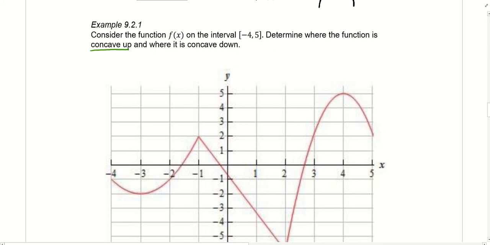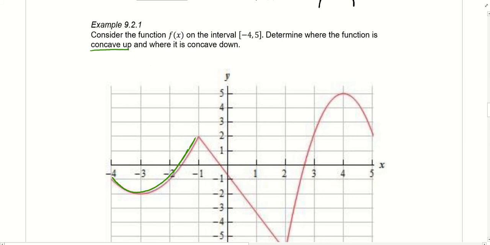For concave up, again, a couple ways to think about this. You can think about it in terms of the tangent lines, or you can think of it in terms of that cup versus frown. If I consider what's going on between -4 and, let's say, this point here at -1, it looks like I have that cup shape. And if I were to draw some tangent lines in here to this function, I'm drawing them away from the function just for emphasis.